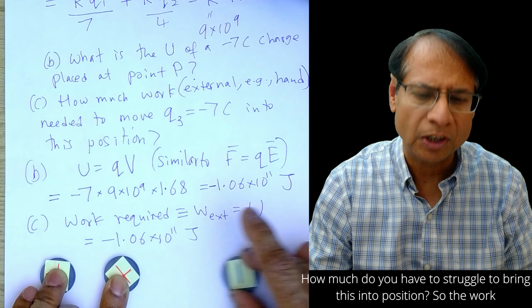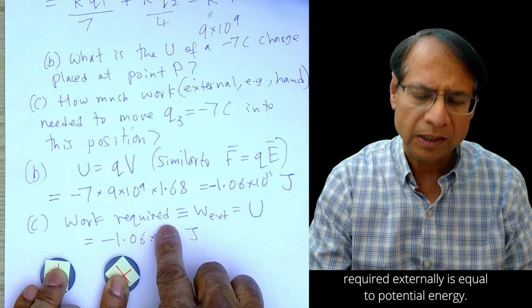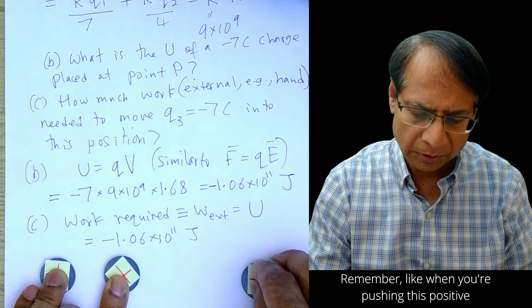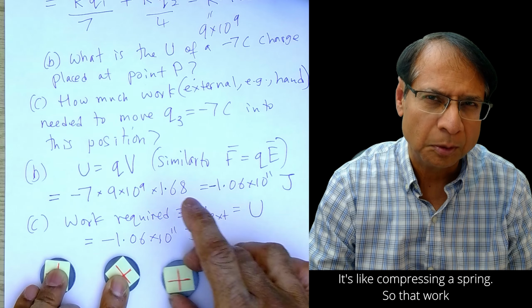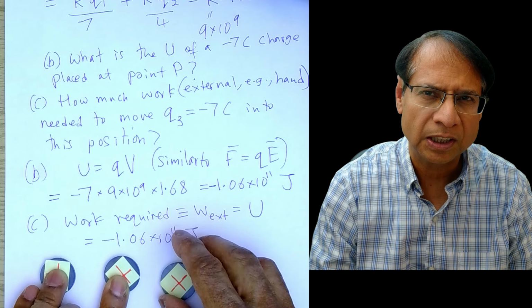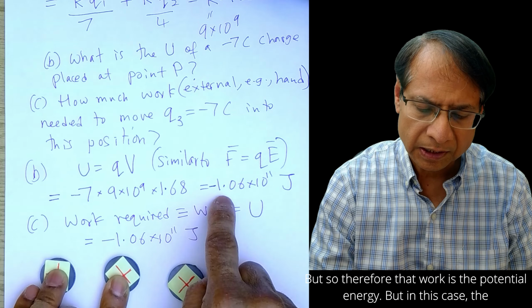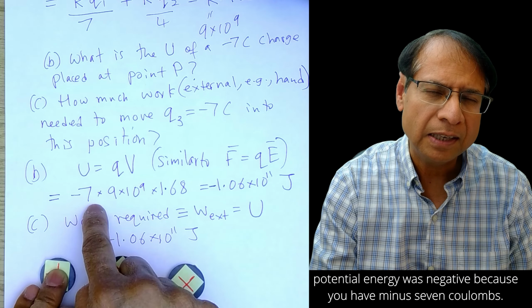How much do you have to struggle to bring this into position? So the work required externally is equal to potential energy. Remember, when you're pushing this positive charge over here, you have to do work to bring it here. It's like compressing a spring. So that work is exactly what leads to the potential energy. But in this case, the potential energy was negative because you have minus 7 coulombs.